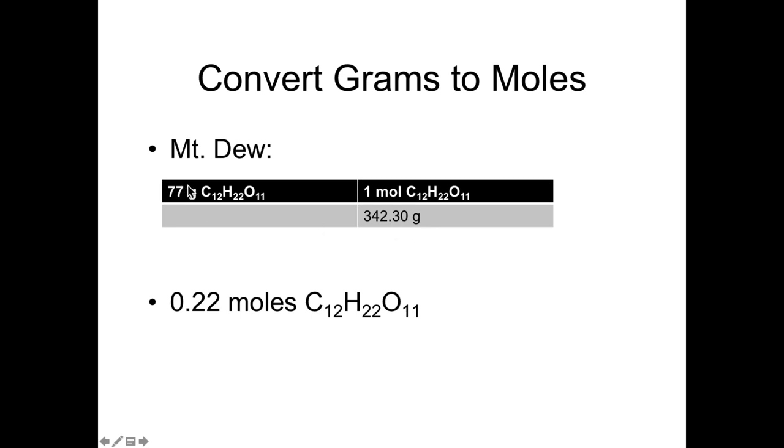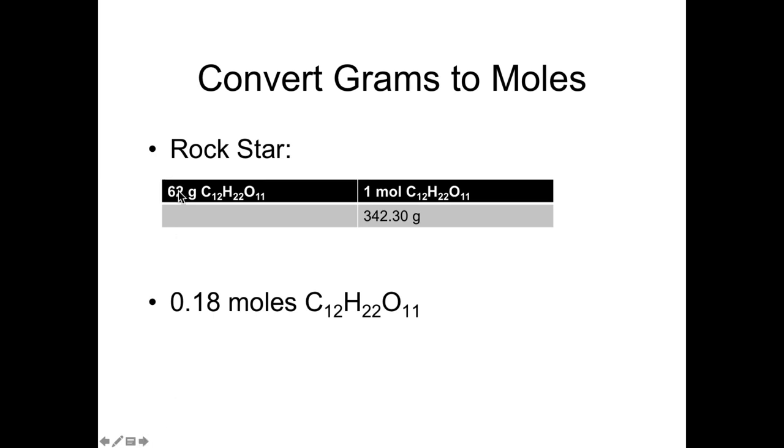So I'm going to take 77 grams times 1 divided by 342.30. I know I did the calculation correct because the gram unit up here will cancel with the gram unit down here and leave me with moles. So on a calculator, I take 77 divided by 342.30. That's going to give me 0.22 moles of table sugar.